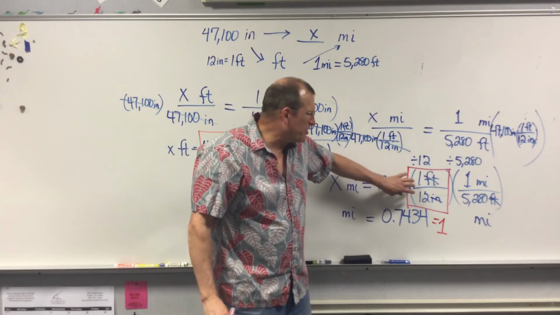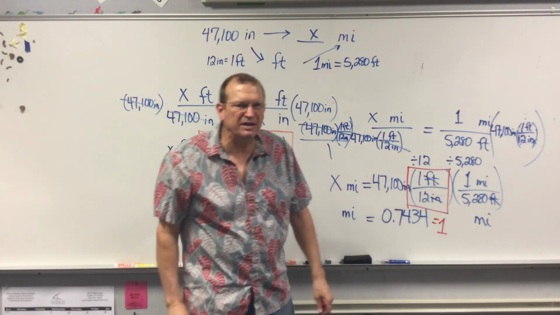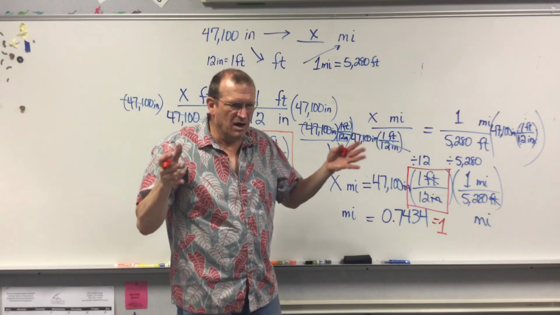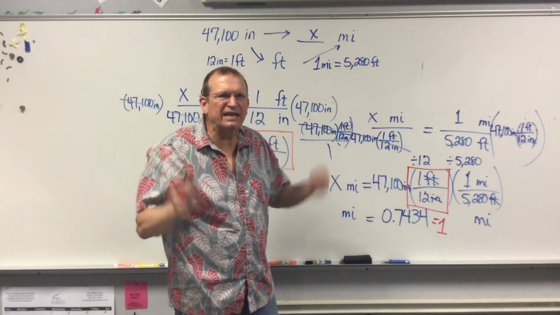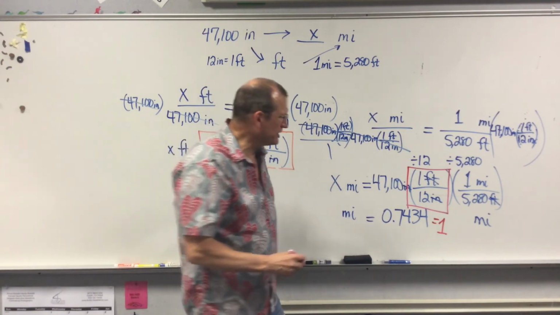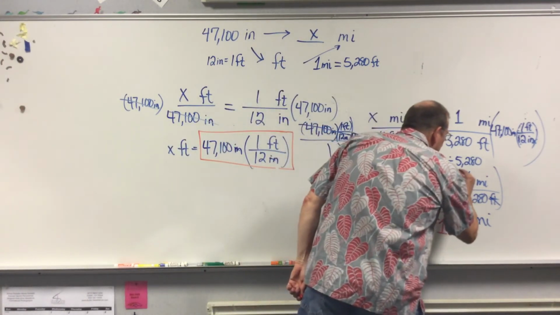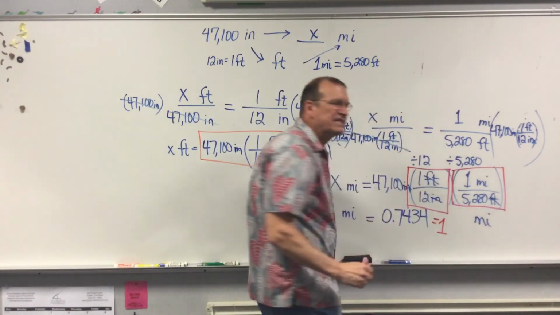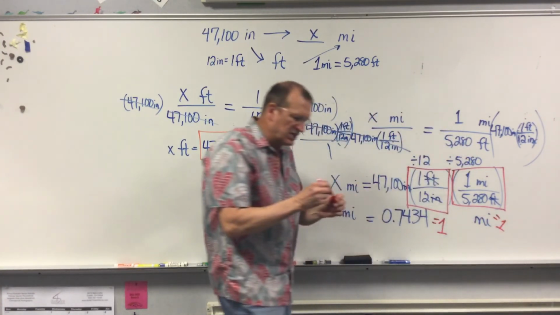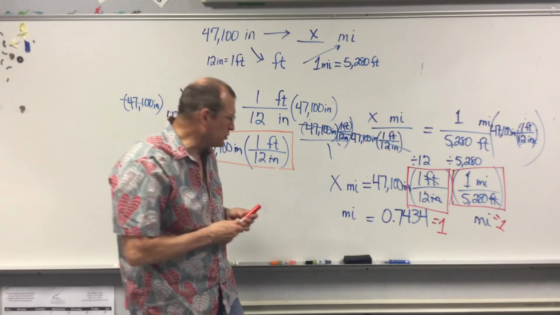So even though the math here tells you divide by 12, you are not altering any of the value of this length that you're dealing with. You are just converting it into a new unit. And the same thing applies to this second conversion factor. That is conceptually equal to the value of 1.